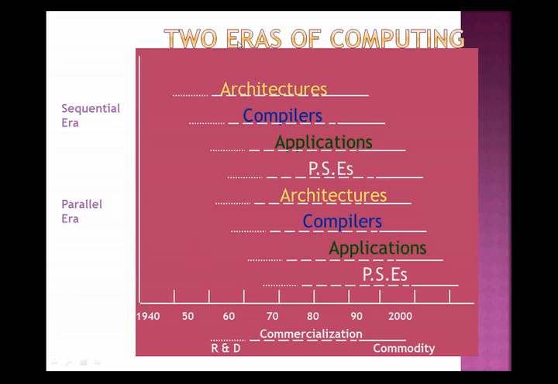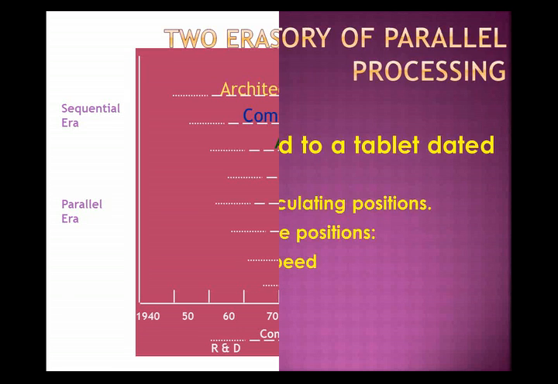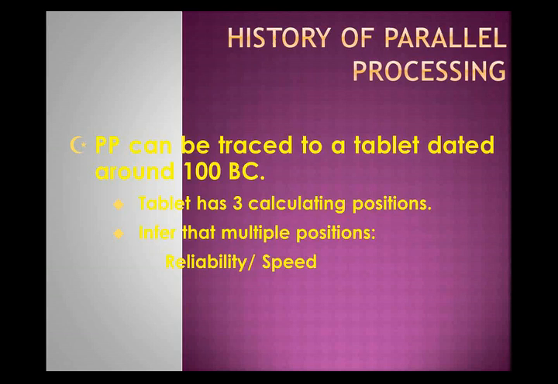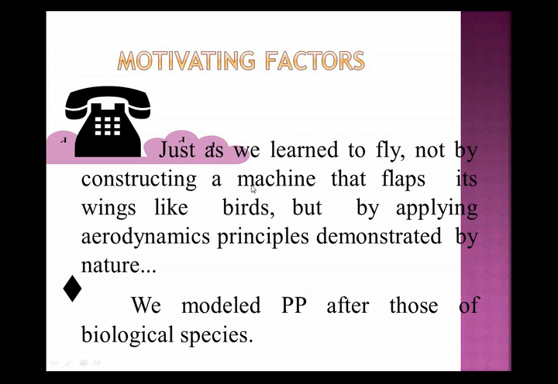Then what are the two eras of computing? That is the sequential era and the parallel era. In sequential, all the data is present in a sequence. In the parallel era, more than one process executes at the same time. Then the history of parallel processing: PP, that is parallel processing, can be traced to a tablet dated around 100 BC.